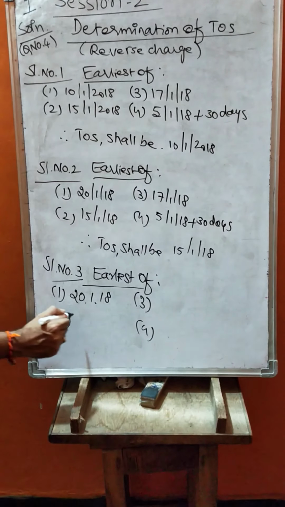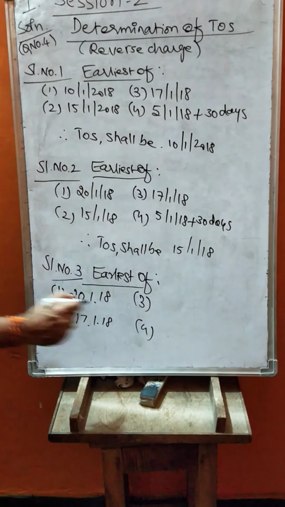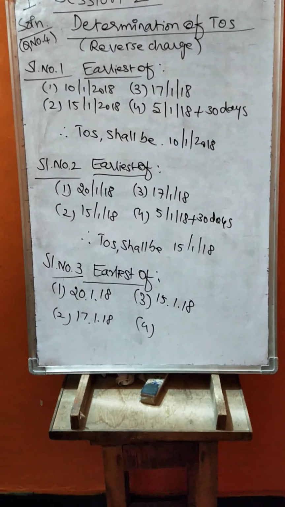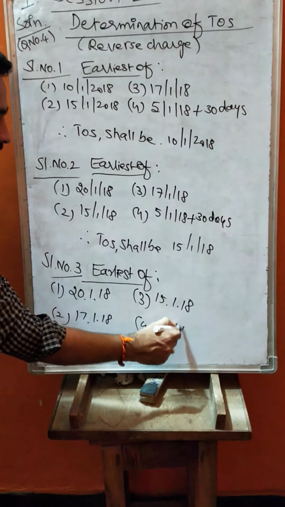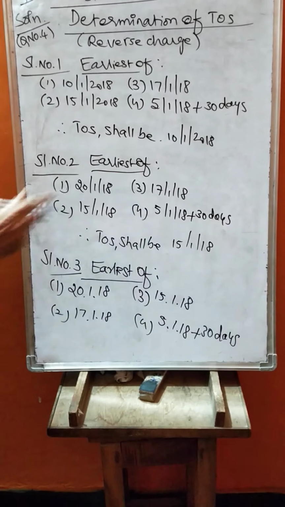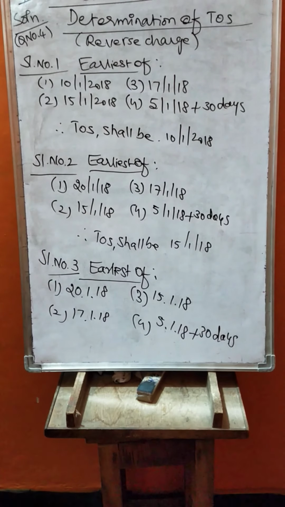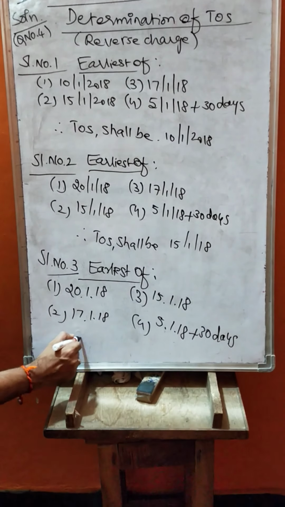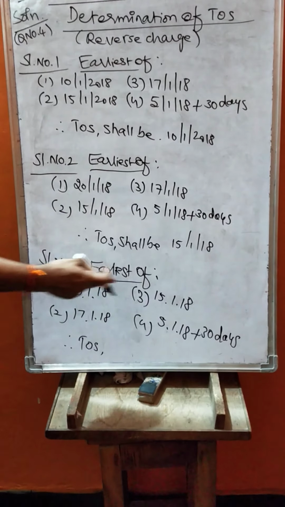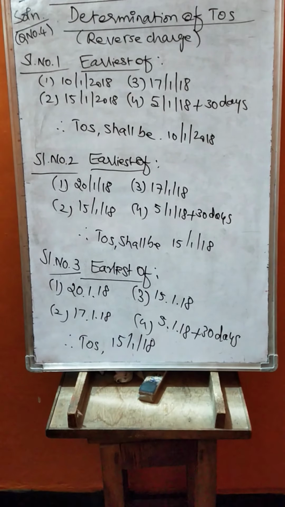Second date is 17th January 2018. Third date is 15th January 2018. And the fourth date is 5th January 2018. For this again we are adding 30 days. In these 4 dates, which is earlier? 15th, 17th, 20th and 5th February. Therefore, the time of supply is 15th January 2018.